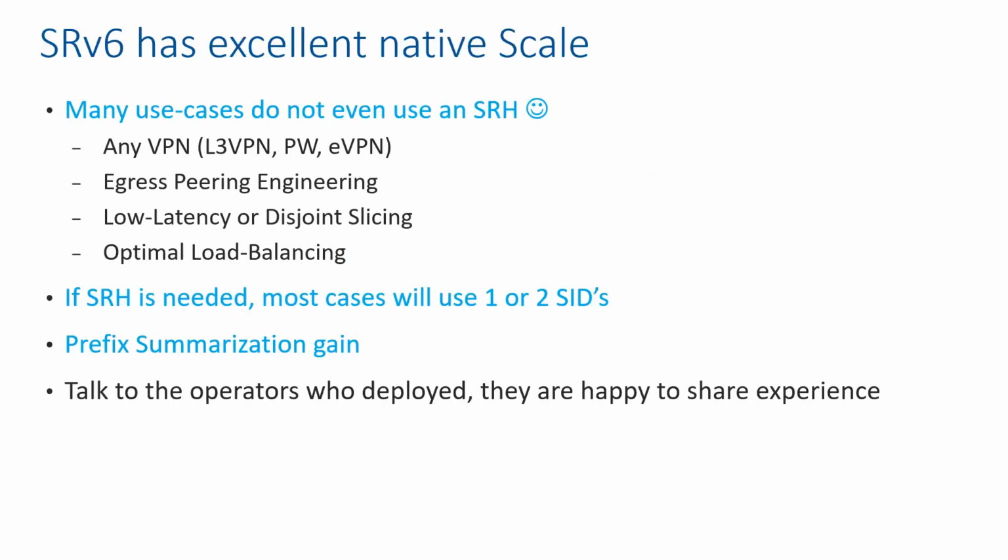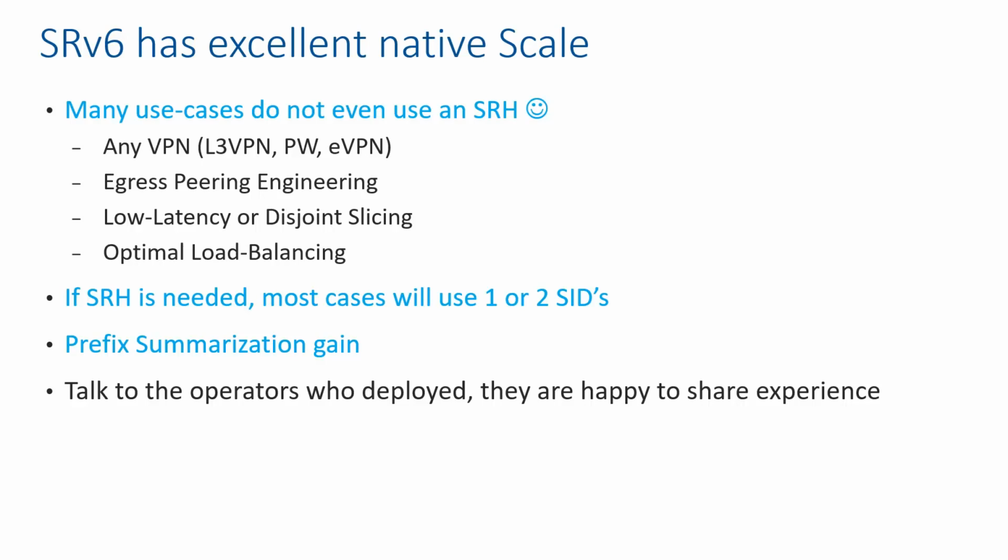As we saw in this review of deployed use case and capabilities, SRv6 has excellent native scale. Many use cases do not even need a segment routing extension header. If you look at any VPN constructions, if you look at EPE that was very nicely described by Facebook and Google at SIGCOMM 2018, EPE does not require SRH.